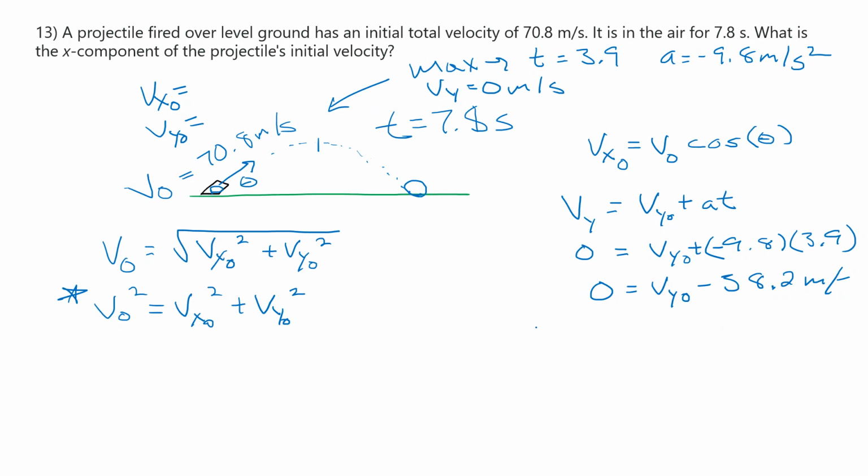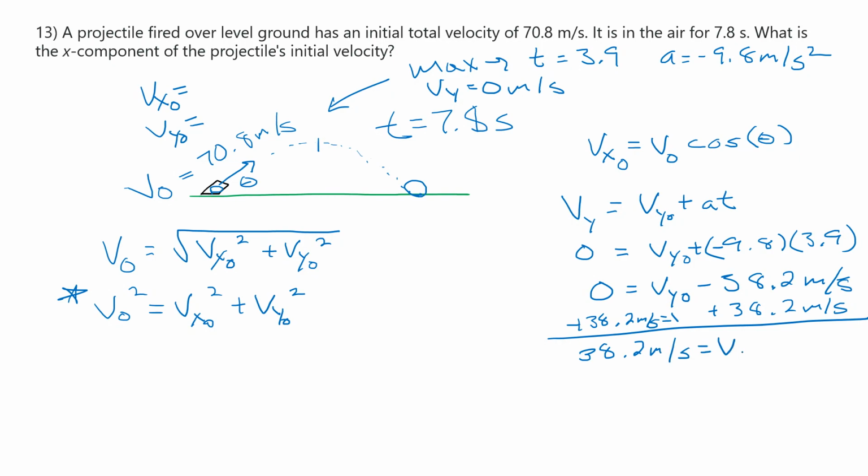So when I add that to both sides, I get 38.2 meters per second equals my initial y velocity.